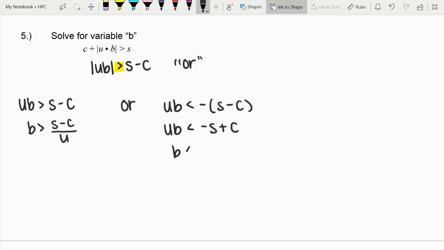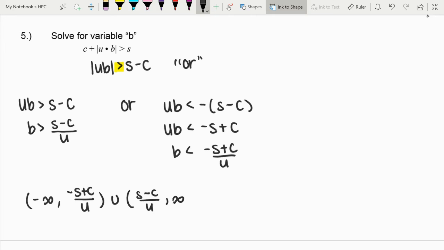So I'll have b is less than negative s plus c divided by u. Okay, and then if I write this in interval notation, it's going to be negative infinity to negative s plus c divided by u, and then union s minus c divided by u, comma, positive infinity.